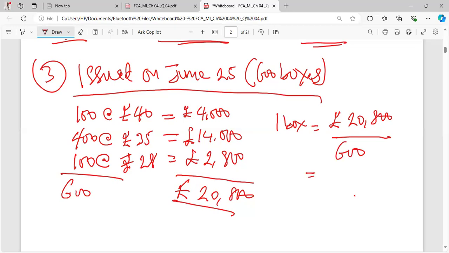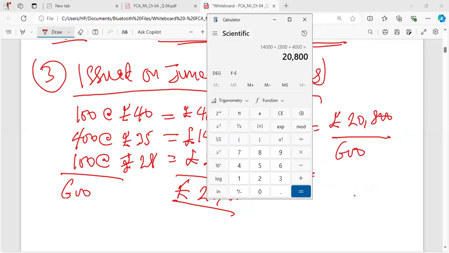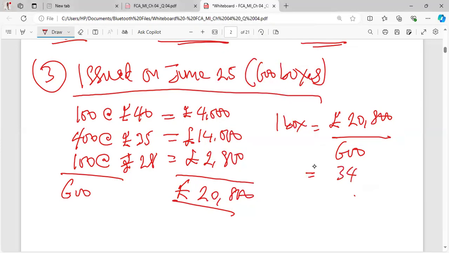We'll check our calculator once more. 20,800 divided by 600. That will give us 34.67. So that's what we use.